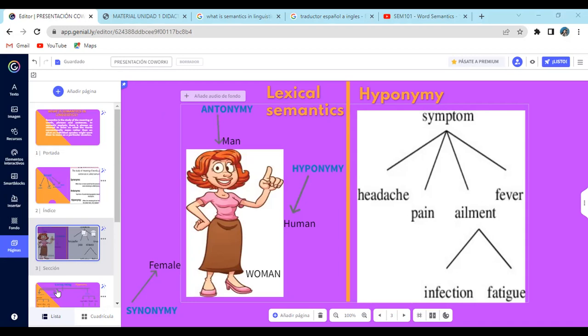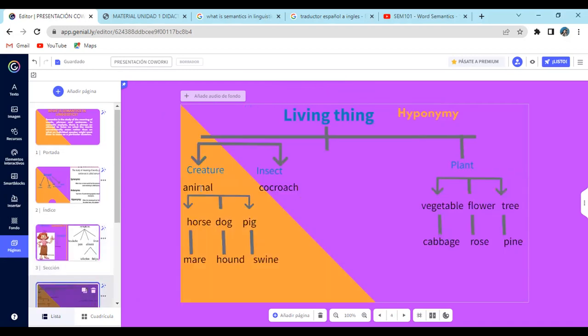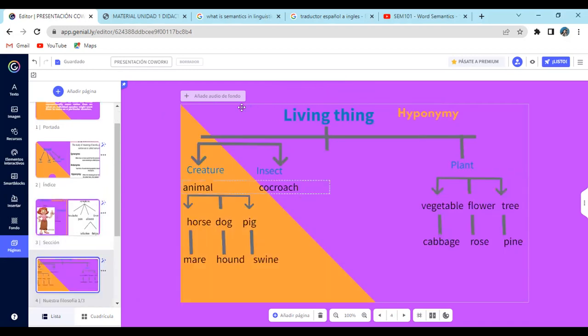So I'm going to explain two examples about hyponymy. Why hyponymy, teacher? Because it is necessary to know how we can create the characteristic and how we can describe the word. Why don't we focus on synonyms? Because synonymy is easy and antonymy is easy too.